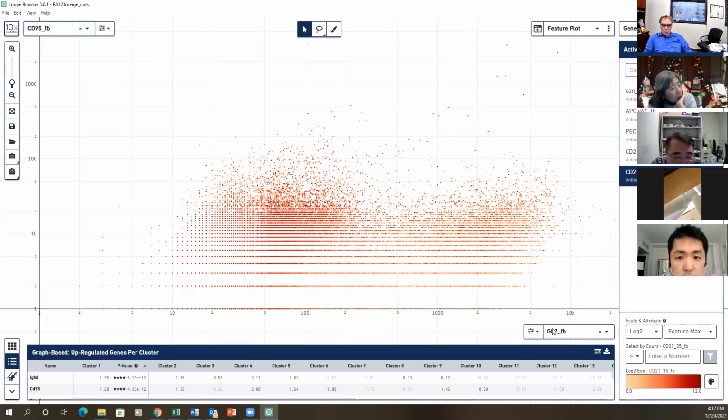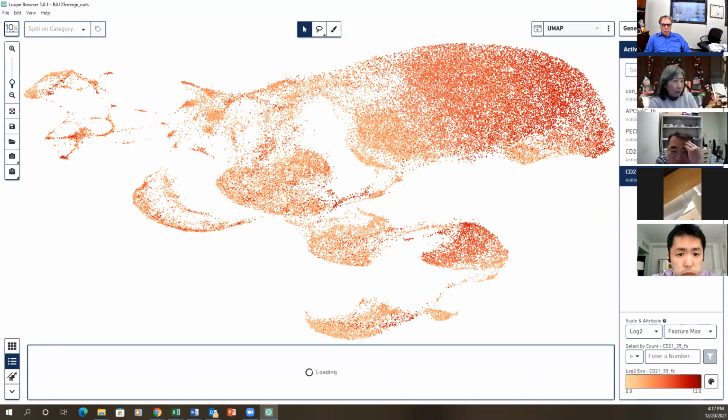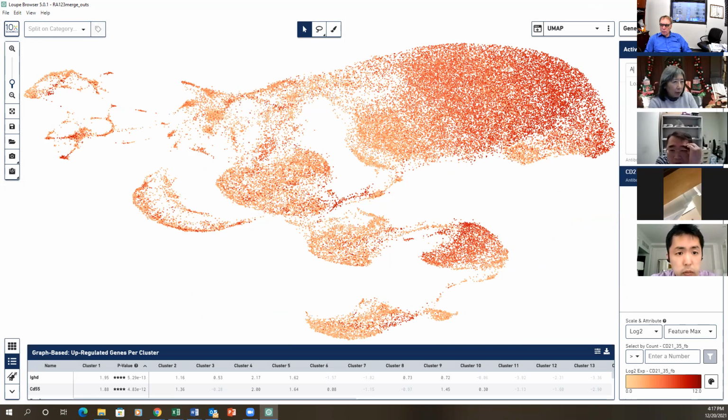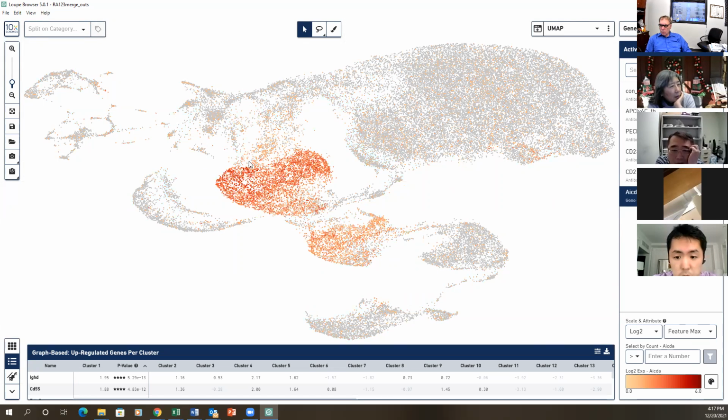If you open the individual file it's going to look better. This is too many. And I think we don't need this for germinal center because you will see it with the transcriptome, AICDA. It's right here.